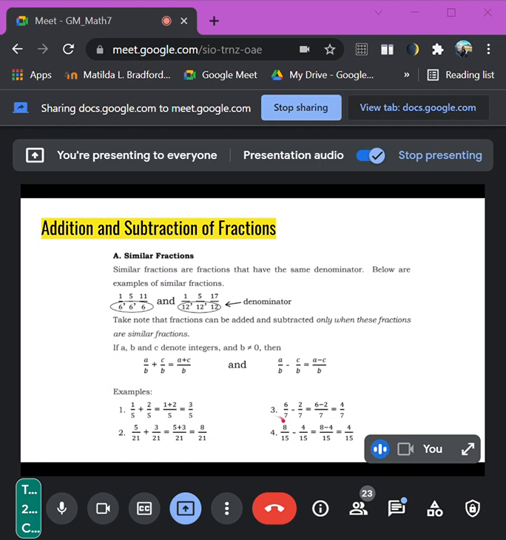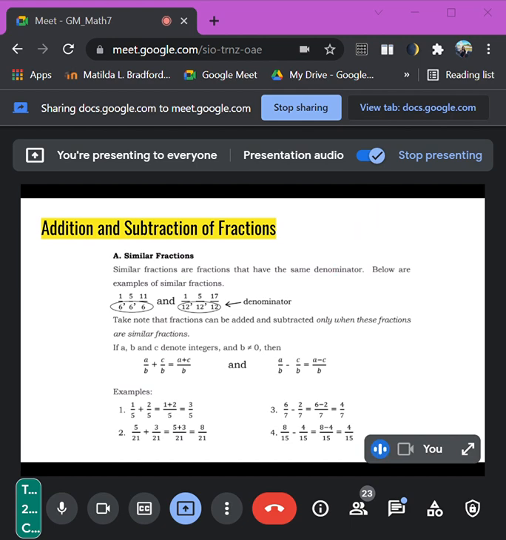Like for example, if our given here is 5 plus 2, and then, diba, it will become 7, because 5 plus 2 is 7. And then 7 over 21 is not yet your final answer, since we can still both divide numerator and denominator by 3.